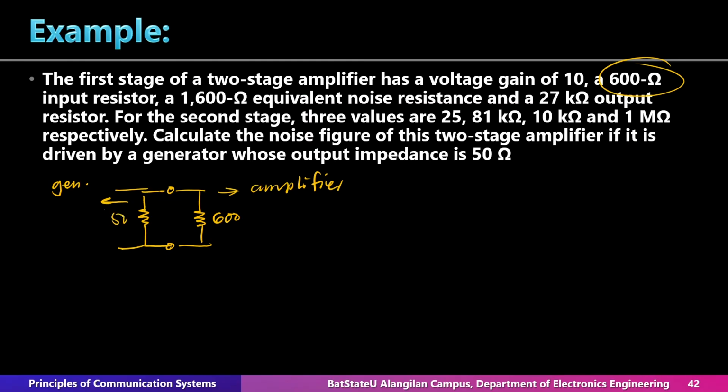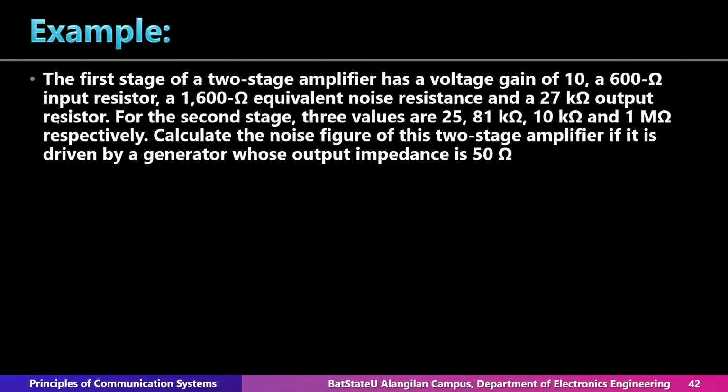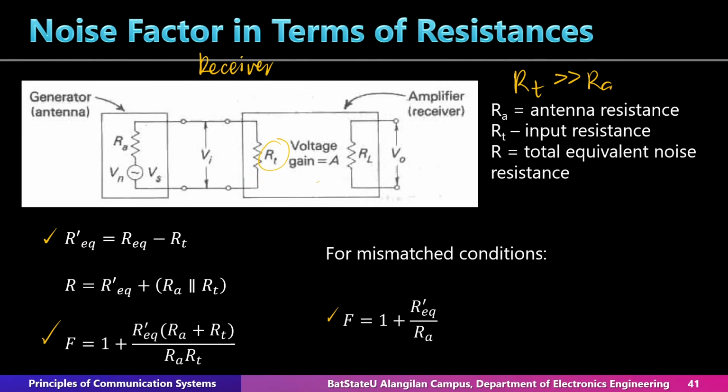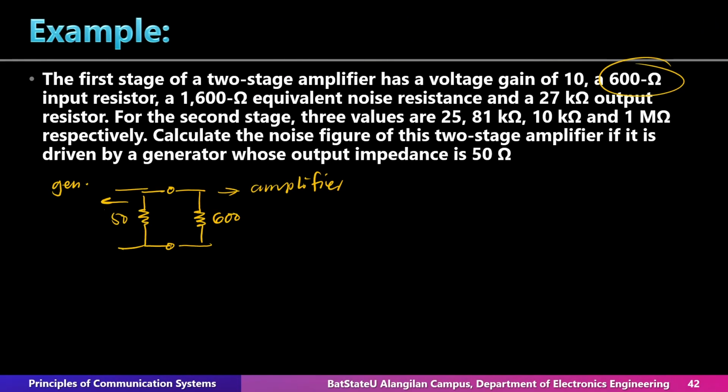Okay. So paano natin yan isosolve? So remember, ito ay 50 ohms lang. Kung titingnan natin yung drawing kanina, yung RA, yan yung 50 ohms, at yung RT, yan yung 600 ohms. So kailangan muna pala nating makompute yung R prime X. Yan yung equivalent noise resistance na nakuha natin minus yung RT.